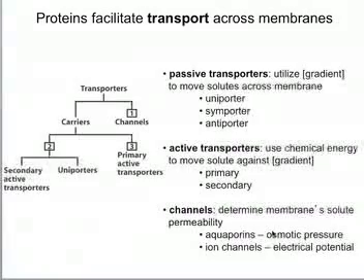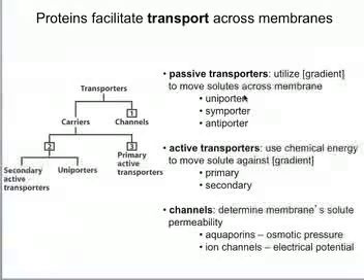Let's think about some different kinds of proteins now, not merger of membranes, but movement of stuff into and out of and across membranes. This is a general overview of the possible kinds of transporters that one might encounter. There are passive transporters that simply move compounds along some chemical gradient.